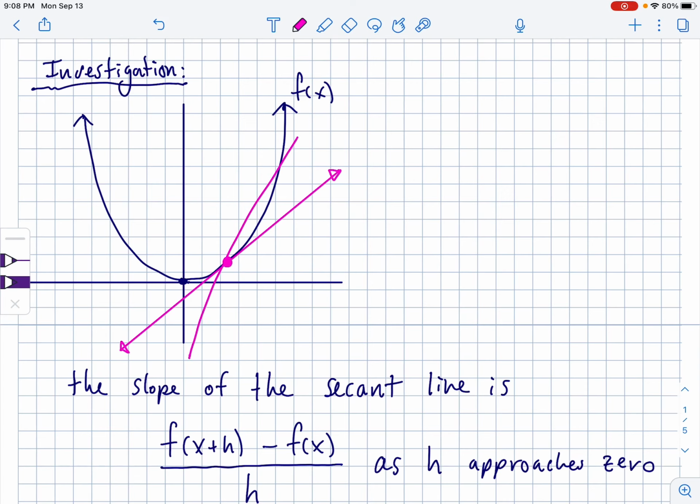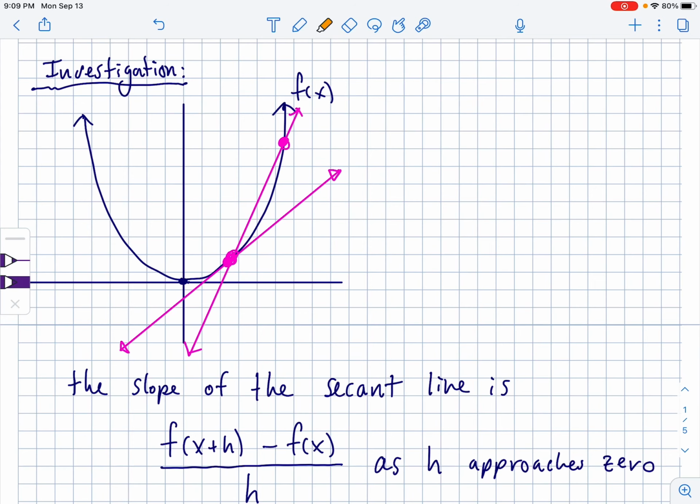So let's say a secant goes through this point right here. That's pretty close. So that touches at this point here and this point. And that's a secant line. So with these two coordinates, this one and this one, we could find a slope between those two lines.